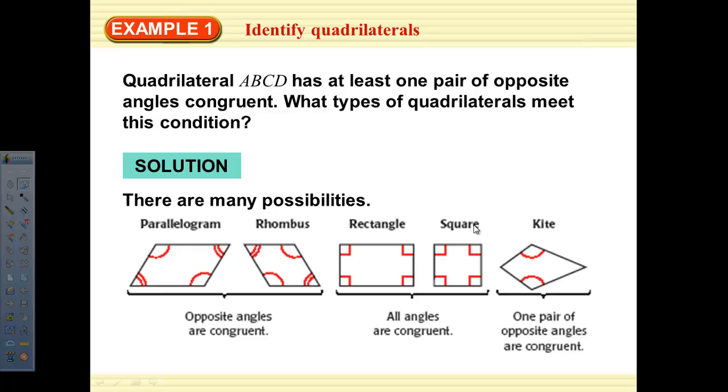And then we know that rectangles and squares have all angles congruent, so in that case, at least one pair of opposite angles is congruent. And then finally, for a kite, we know that one pair of opposite angles are congruent. So all of these would fit into that condition because of the words at least. If it said only one pair of opposite sides congruent, then it would only be a kite.